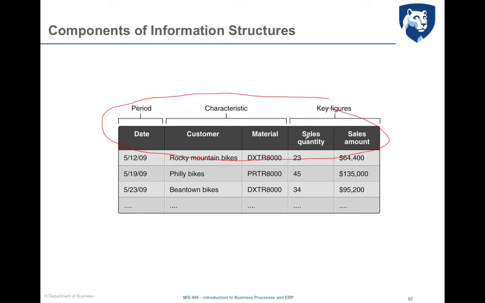Key figures are instead, we can call them, performance measures of the transaction, like sales quantity, sales amount, also number of deliveries, and so on. So the key figures are associated to these characteristics.